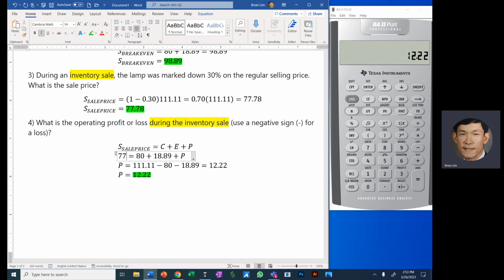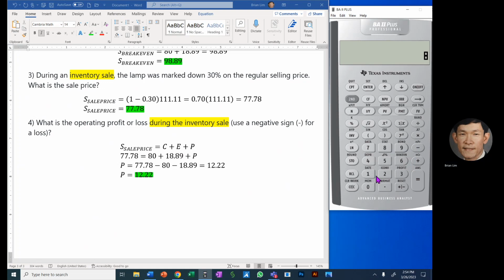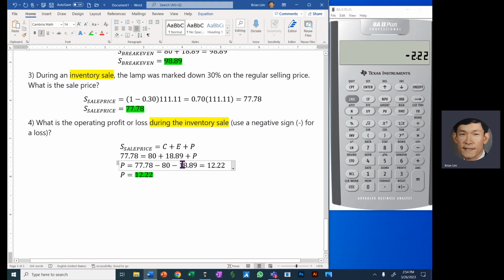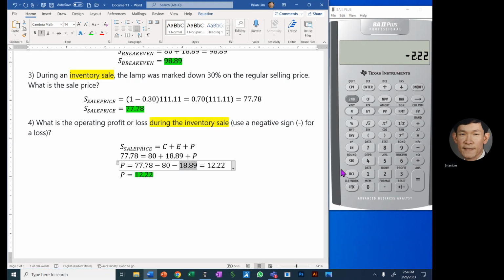So 77.78. Yes, I cautioned you about that, but then I didn't follow through with the caution. So let's try it again. 77.78, and then we subtract 80, and then we subtract this last number here, 18.89.